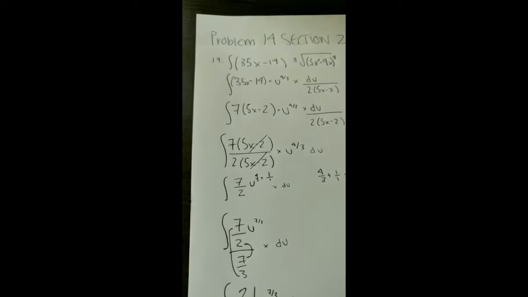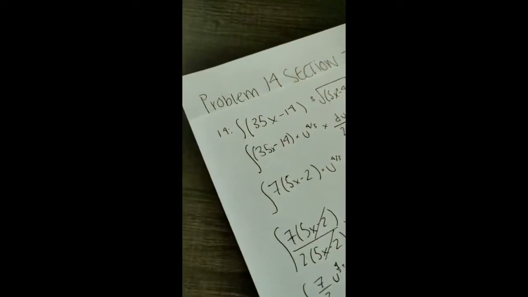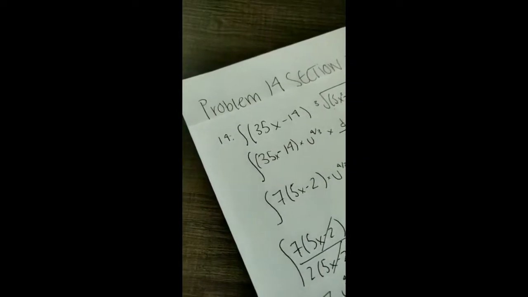Okay, so this is problem 14 of section 2, which is basically solving the integral. The first integral says the integral of 35x minus 14, multiplied by the cubic root of 5x squared minus 4x, all to the fourth power.